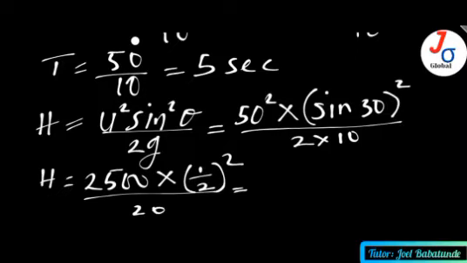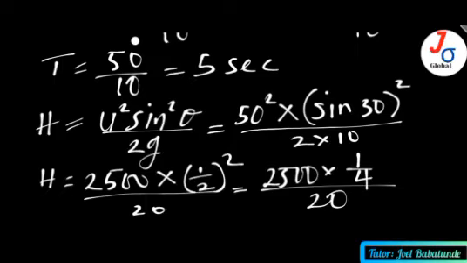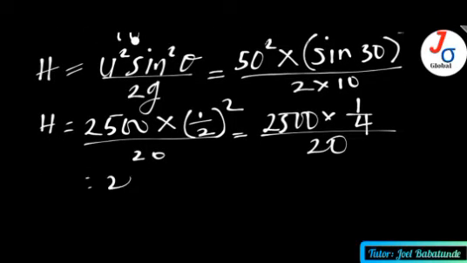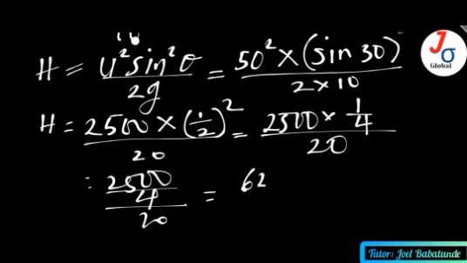That gives us 2500 multiplied by 1 over 4, since 1 over 2 squared is 1 over 4, then divided by 20. 2500 divided by 4 is 625.